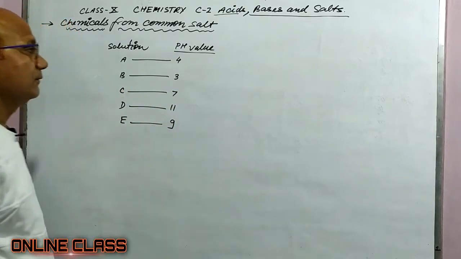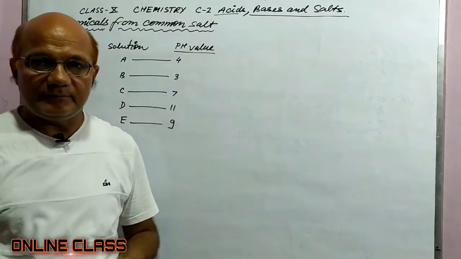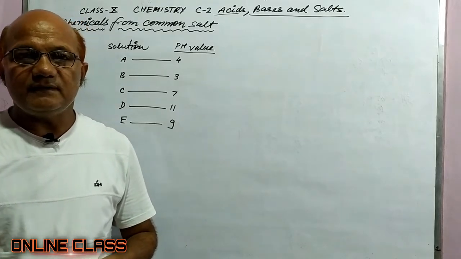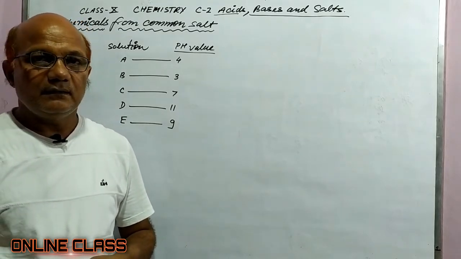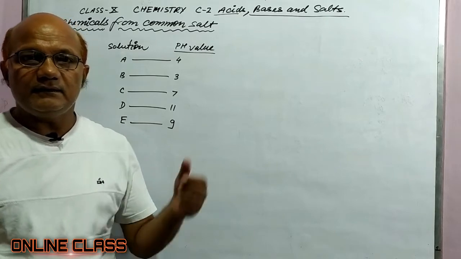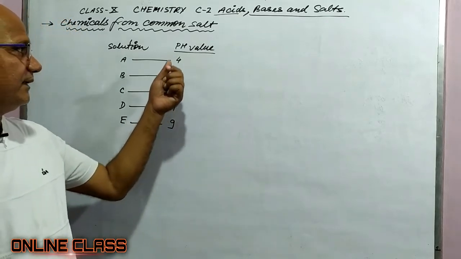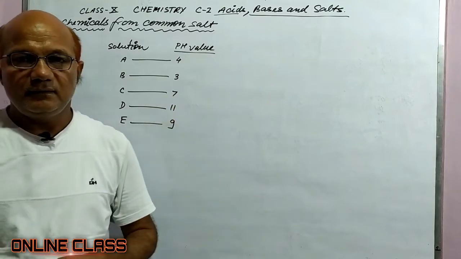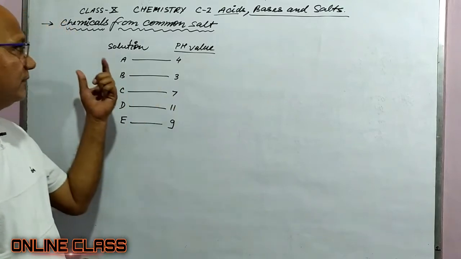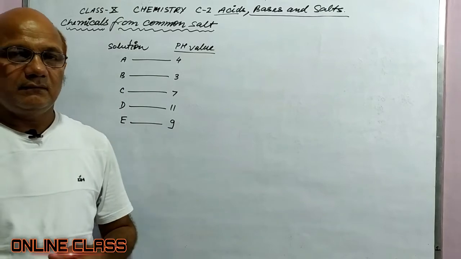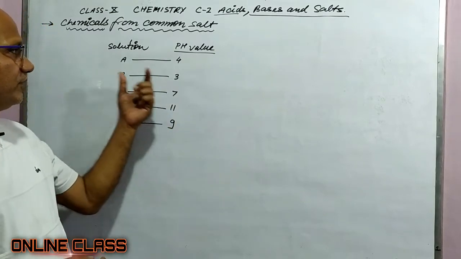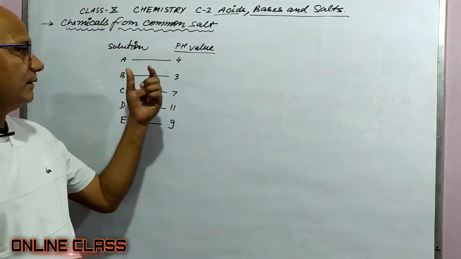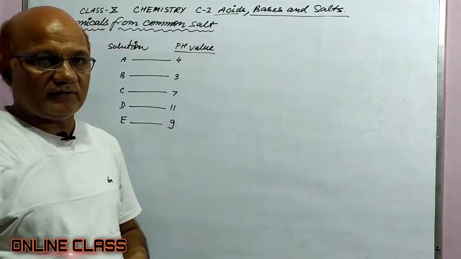Okay. So, you can see there are 5 solutions A, B, C, D and E, and their pH values are respectively 4, 3, 7, 11, 9. So, from this information which is given, there are some questions.